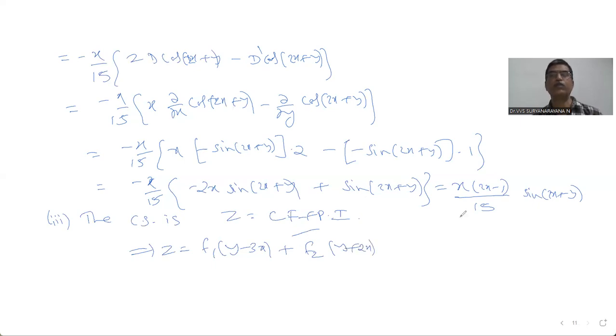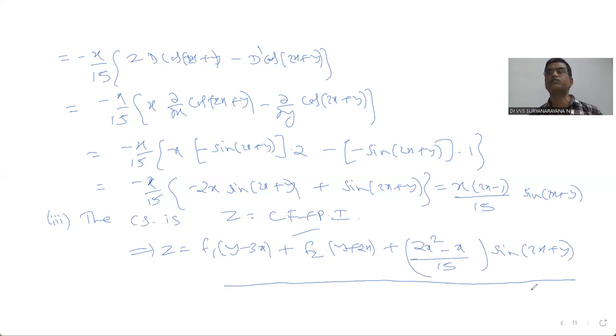This is the complementary function, plus the particular integral, x into (2x minus 1) by 15 of sin(2x plus y). So this is the complete solution of the given problem.